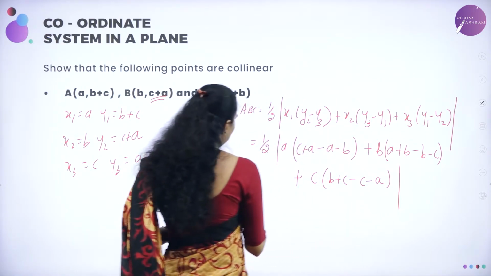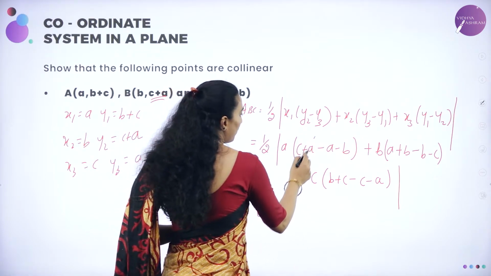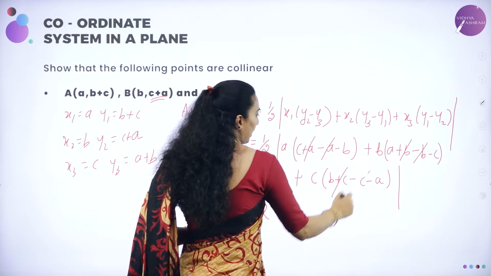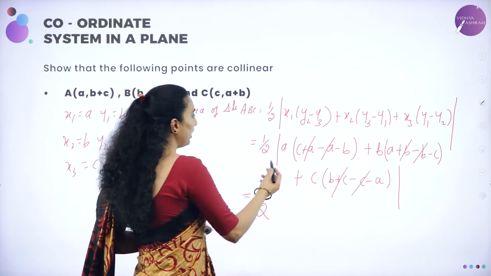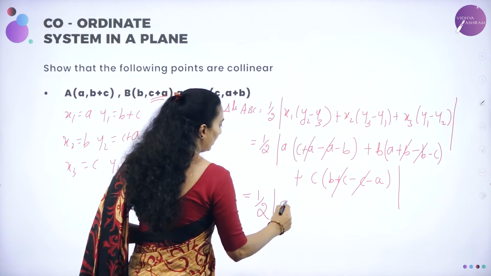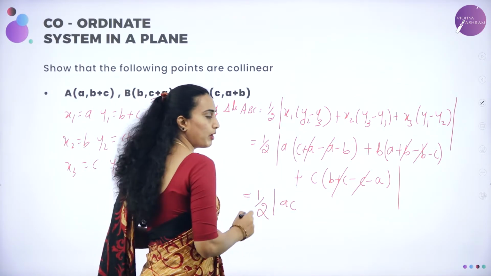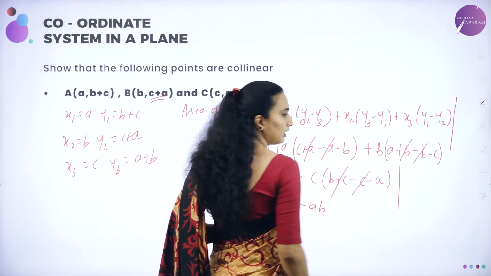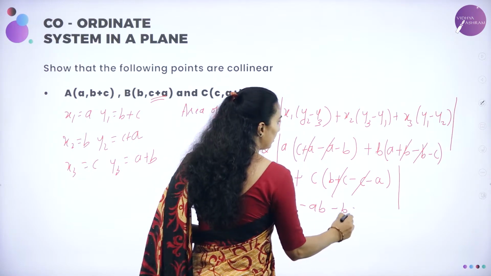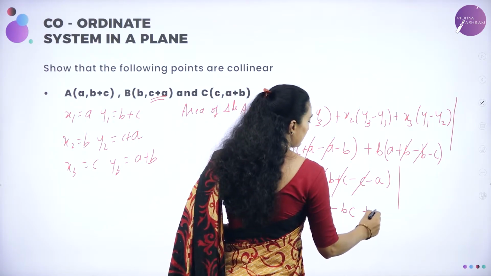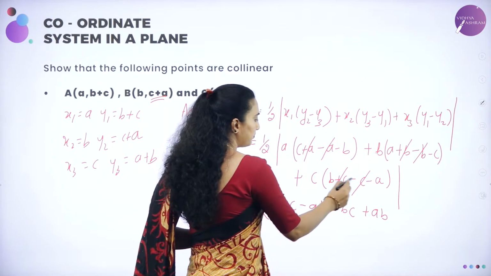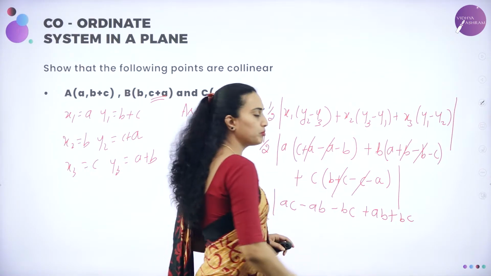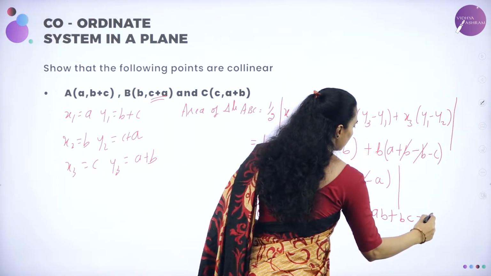So observe, dear students, you are going to get cancelled inside. See, plus A minus A will get cancelled, plus B minus B, plus C minus C. Correct? So what is the remaining? You are going to have A into C, plus into minus is minus A into B, again B into minus C, you can write it as minus B into C, again B into A, which is plus AB, again you are going to have here C into B, which is plus BC, and again plus into minus is minus C into A, which is nothing but minus AC.